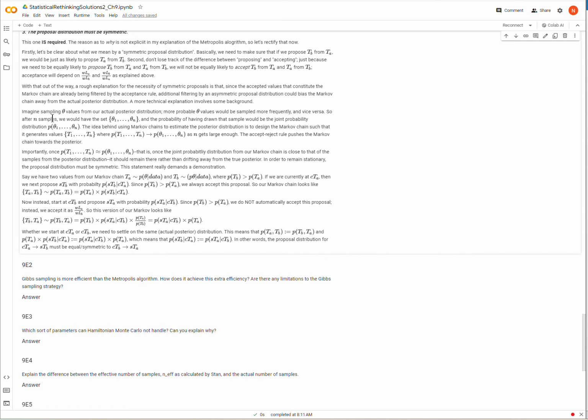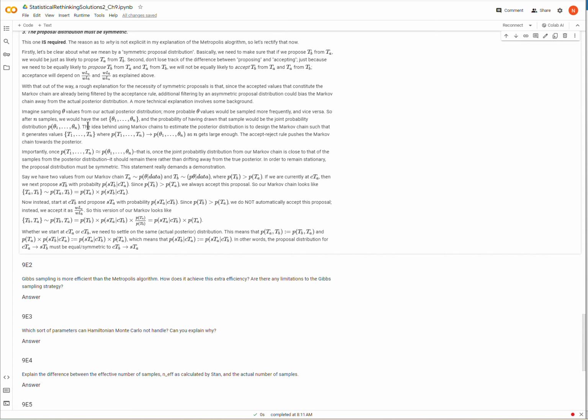So imagine that we have our true posterior distribution, and we take a sample of theta values from there. Okay, so we would have this set of sampled theta values from the posterior distribution.